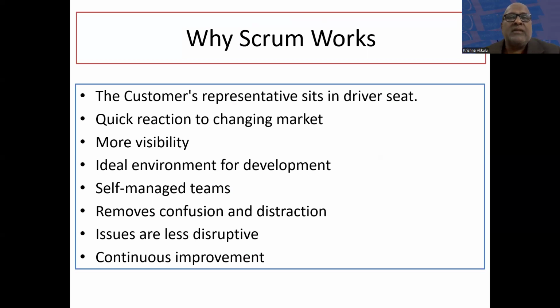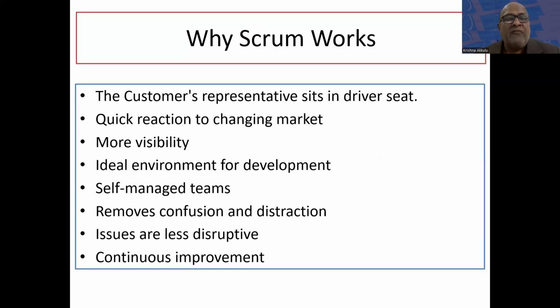There's quick reaction to change, because sometimes markets change and then we have to make changes to requirements. That's possible in Agile. There's also more visibility, because the teams are involved in every meeting, so there's more visibility in the Scrum process.